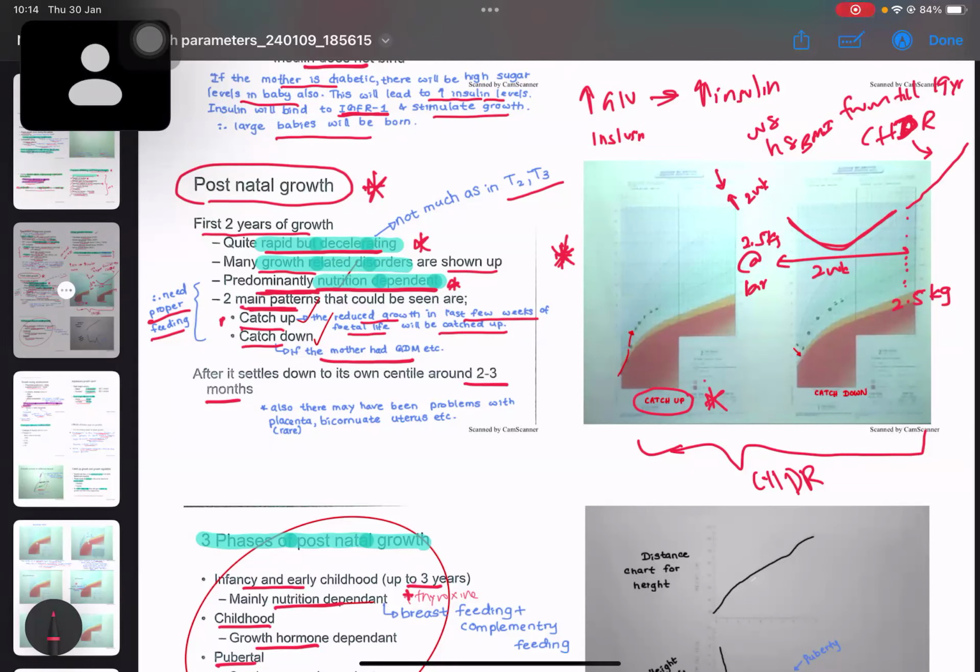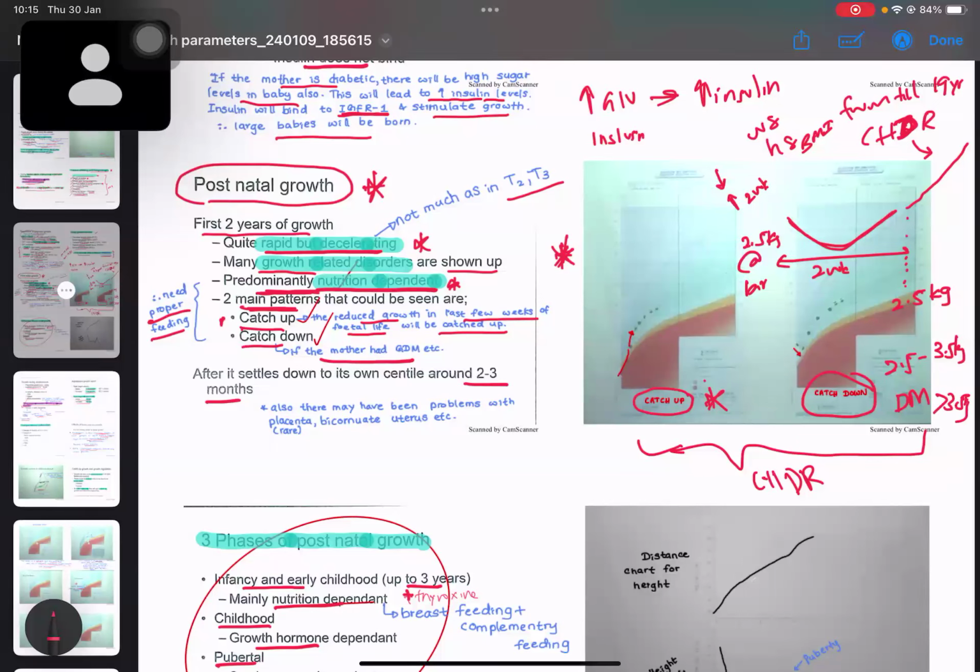Then the catch down growth. Catch down growth means if the mother had diabetes mellitus during pregnancy, the child will be a macrosomic baby. It means the weight will be more than the normal birth weight range. Okay, the normal birth weight range is usually between 2.5 to 3.5 kg. The child will be more than 3.5 kg at birth, which is not normal.